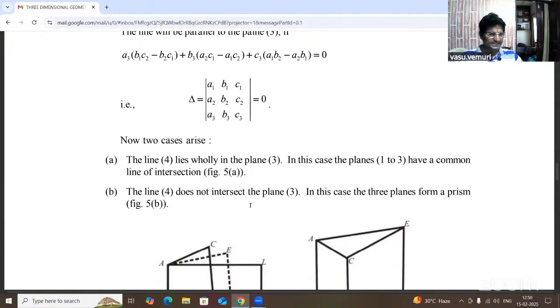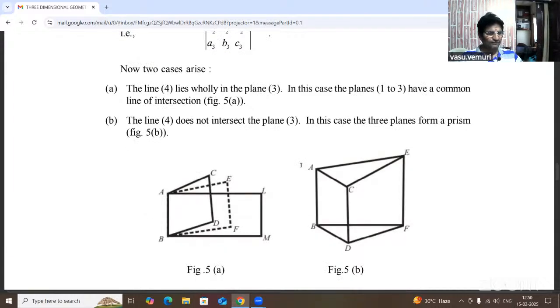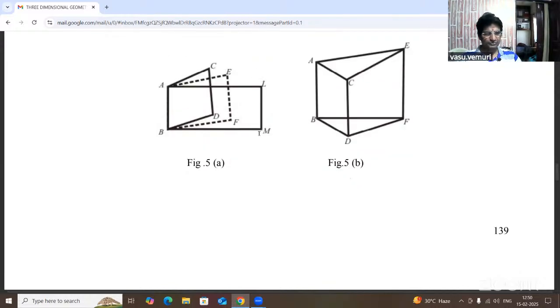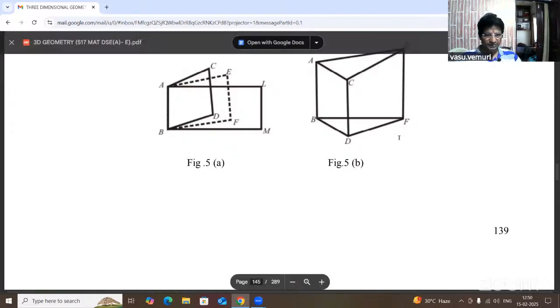There are two cases. In the first, the line lies wholly in the third plane equation. That is the common line of intersection part. In the second, the line does not intersect the plane. So this is the prism part. Just observe, this is the prism.